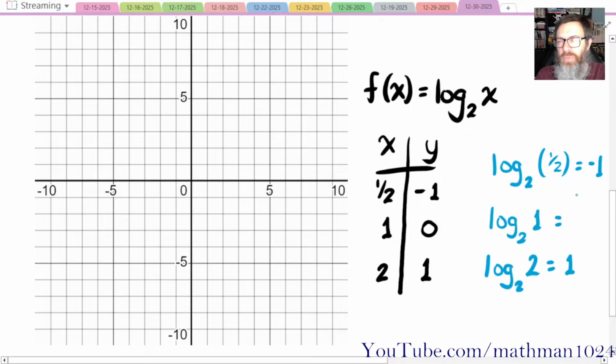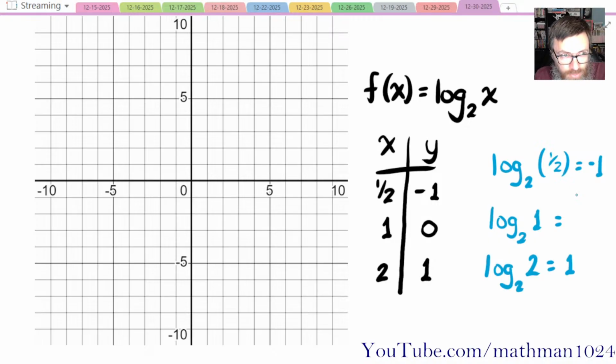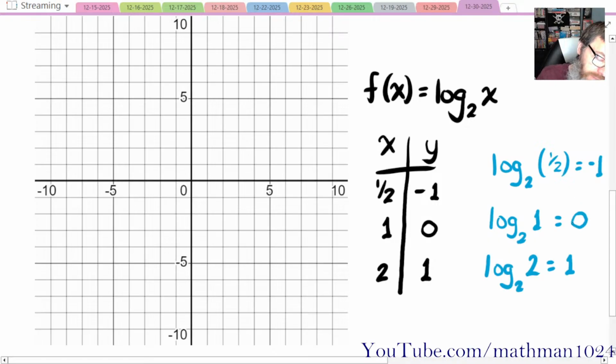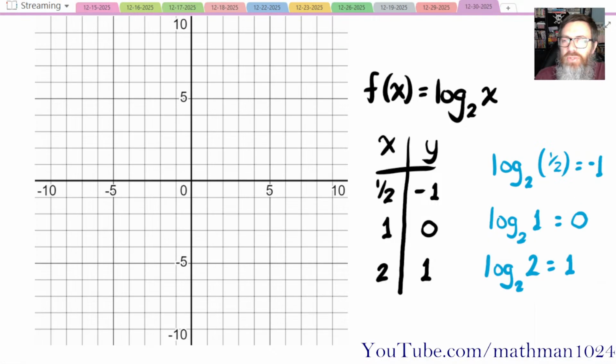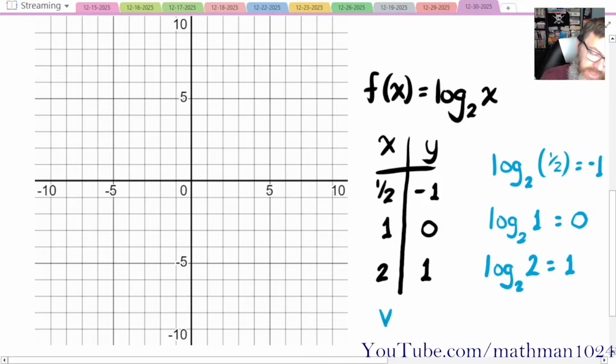They go, wait a minute, how can you raise 2 to a power to get 1? Don't forget that anything other than 0 raised to the 0 power gives you 1. So what power could you apply to 2 to get 1? 0.